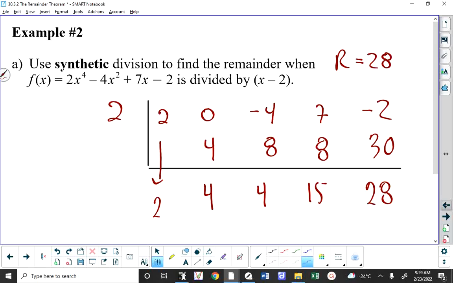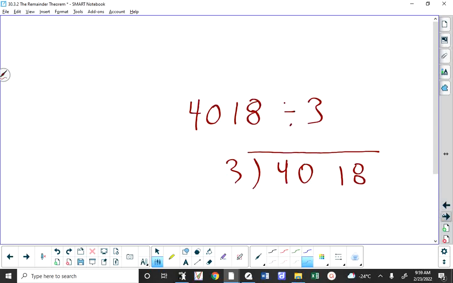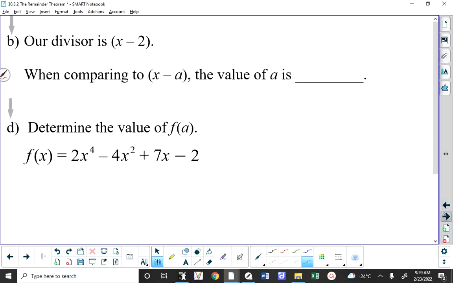Now, part B says the divisor is x minus 2. When you compare these two, what is the value of A? Well, it's 2, right? We've already talked about this.